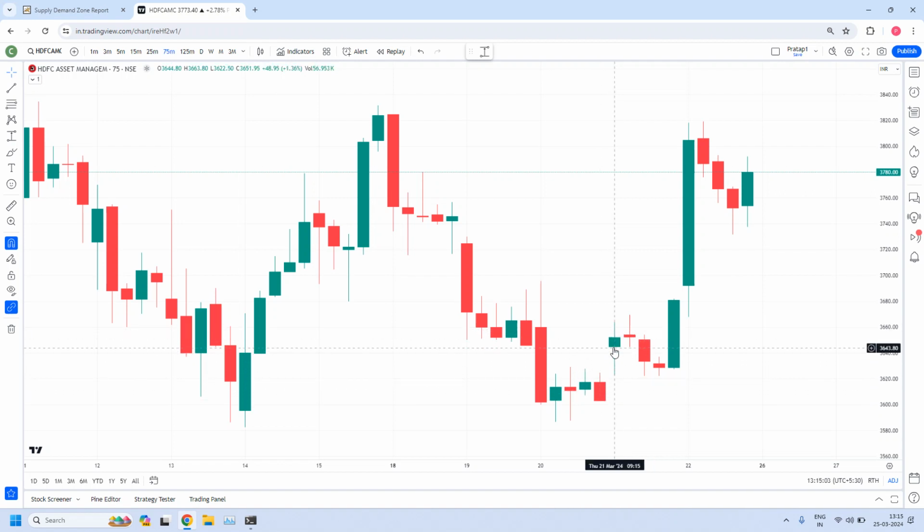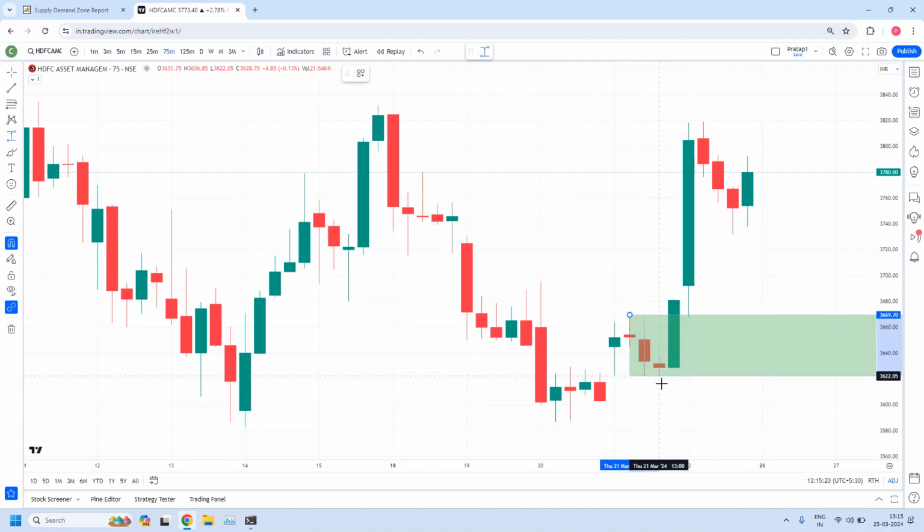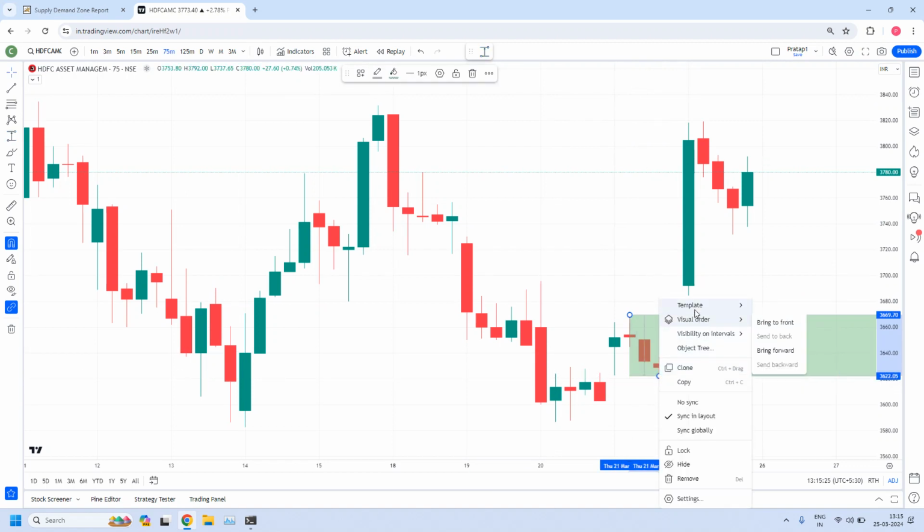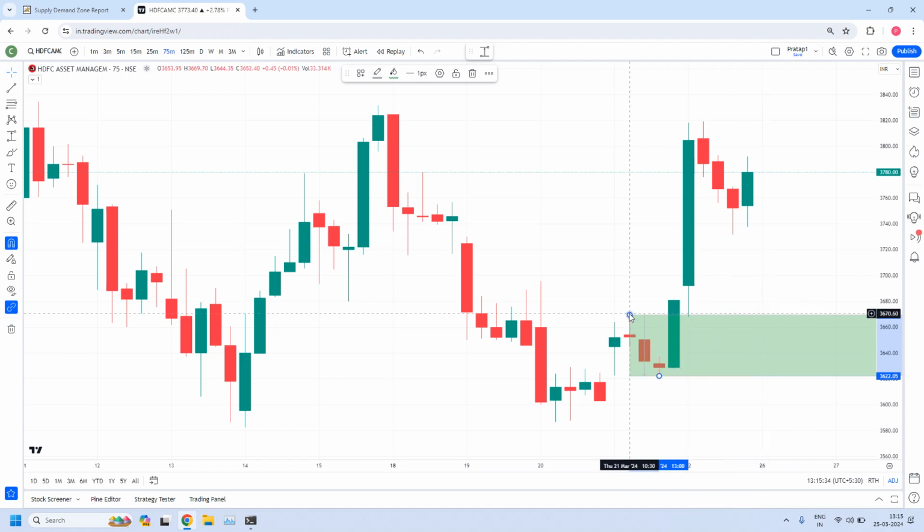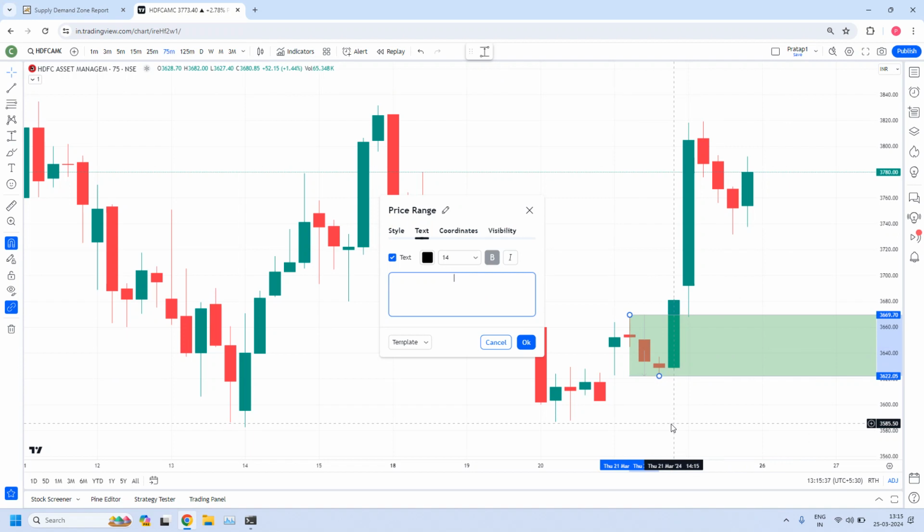This is not a base candle, this is a rally candle. See, if you add the hidden body from the previous candle, it is a rally candle. After that, 3 base candles and a rally candle. So let's draw the zone here. This is a 75 minutes demand zone. This is our entry demand zone. Let me mark the label.